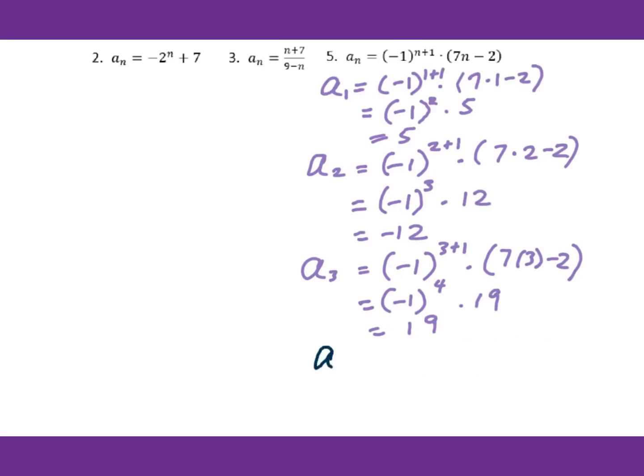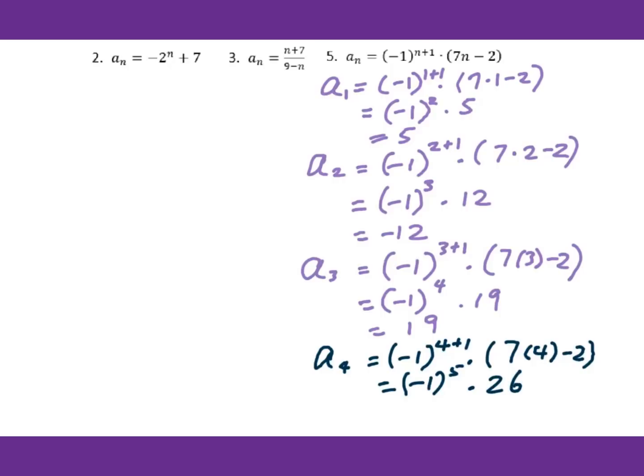For a sub 4 equals negative 1 to the 4 plus 1 power times 7 times 4 minus 2. You will get negative 1 to the 5th power times 26. You will get negative 26.